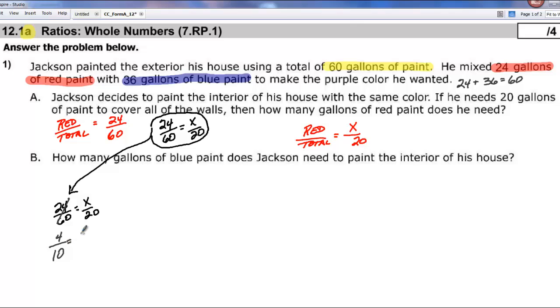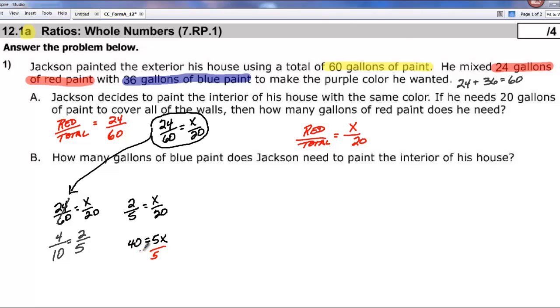In fact, we can go one step more. 2 goes into 4 twice. 2 goes into 10 5 times. So we know now that a 2 to 5 ratio is equal to that x to 20 ratio. We need to figure out, what does x have to be? Well, we can cross multiply. So 2 times 20 is 40, and 5 times x is 5x.